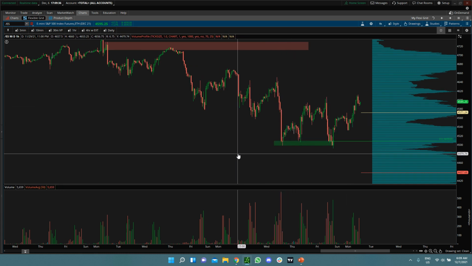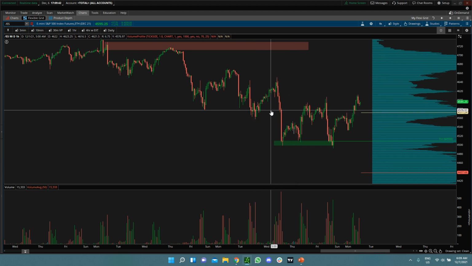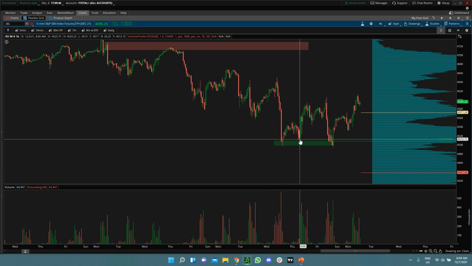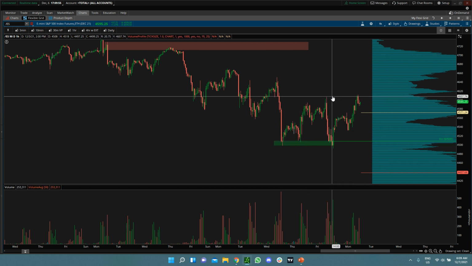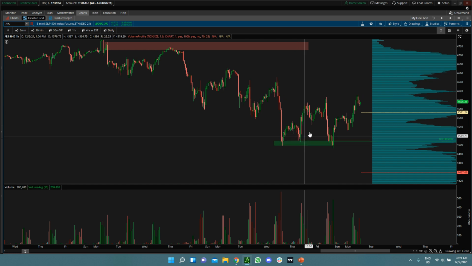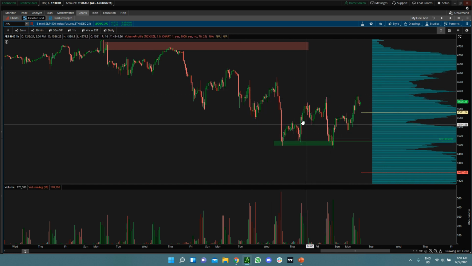Eventually they are not able to get all their orders. Someone has to be on the other side, so these institutions are not able to fill their orders up. Then you can see we tap here again before we rally up again. So a huge, nice move up, quite a few hundred points up.